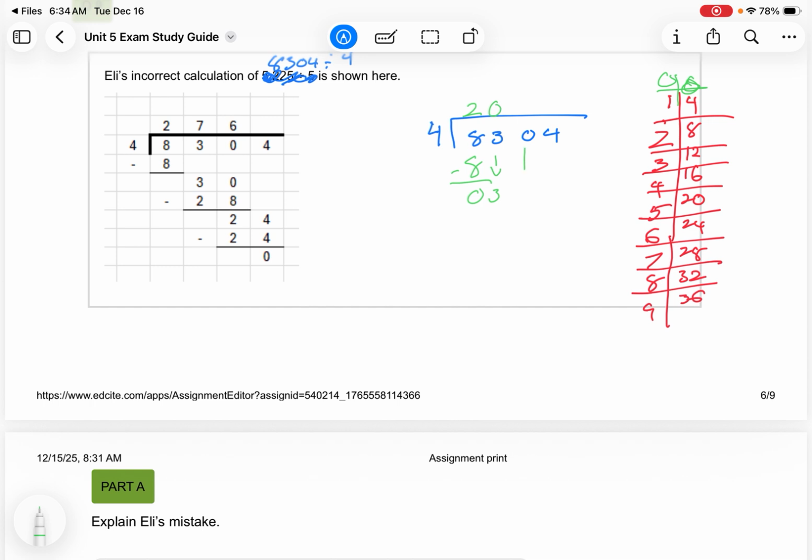So we bring down the next number. Then we've got 30. So the closest number to that is 28. And with that is a 7. 30 minus 28 is 2.